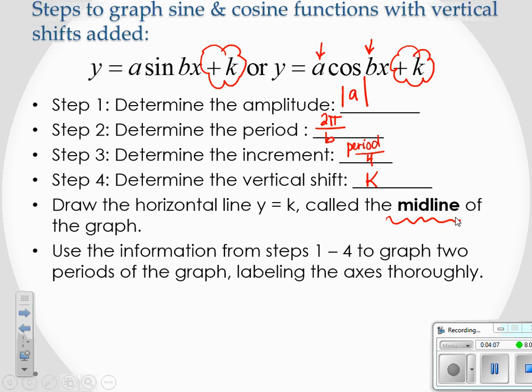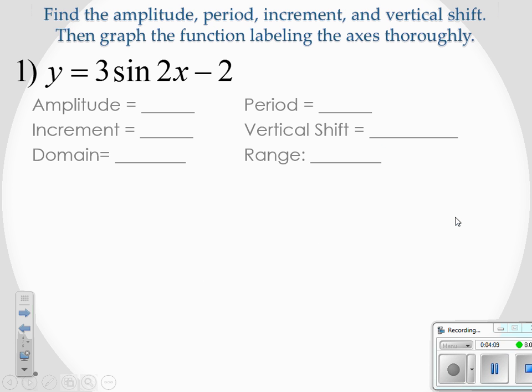Both of the examples need to be in your notes. Let's start with y equals 3 sine of 2x minus 2. Amplitude is the absolute value of A. This is still A, so it's 3. The period is 2 pi divided by B, and this is your B. 2 pi divided by 2 is just pi.